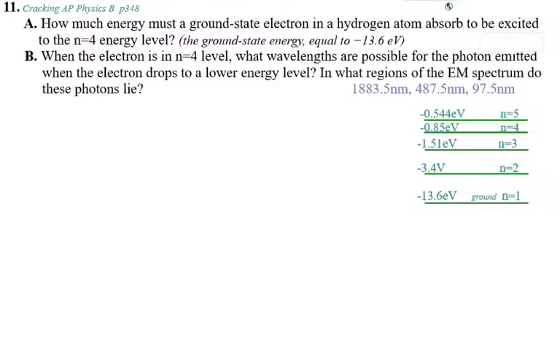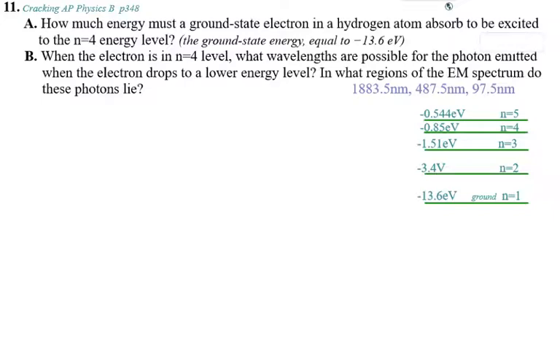For number 11, how much energy must the ground state electron in a hydrogen atom absorb to be excited to the n=4 level? The ground state energy of the hydrogen atom is negative 13.6 electron volts. Let's do part A first.